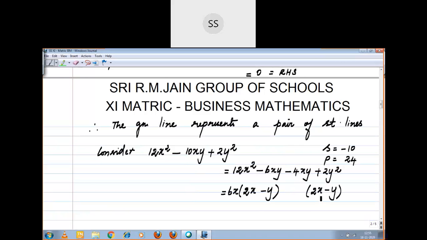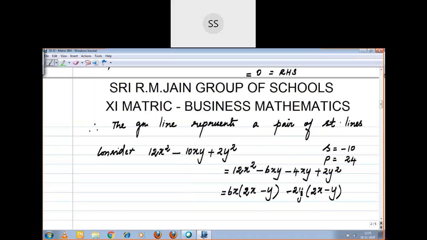What you have written here, the same thing you have to write here also. After that, based on this, you have to select what number should come here. See here, 4xy is there. If you multiply by 2, you can get it, right? That is minus, so minus 2y. You have to check.